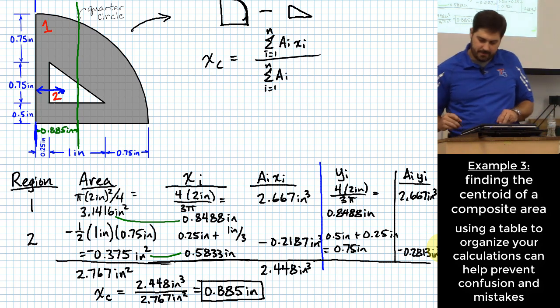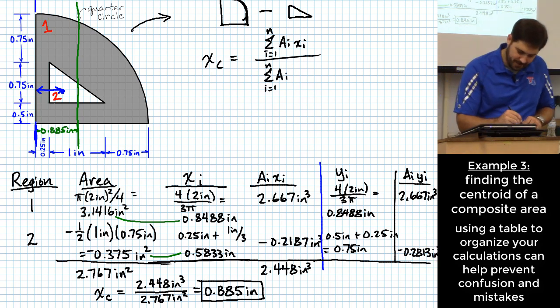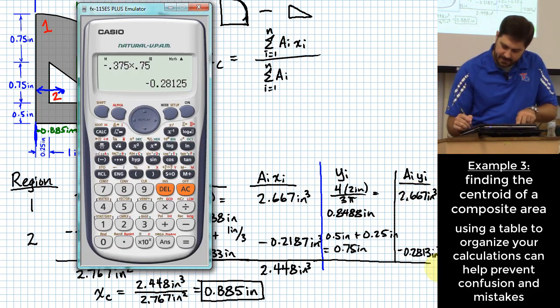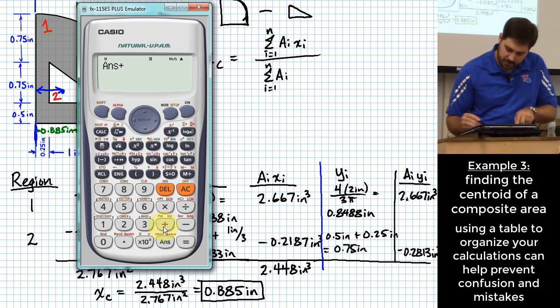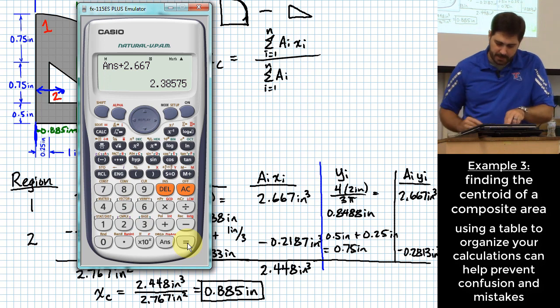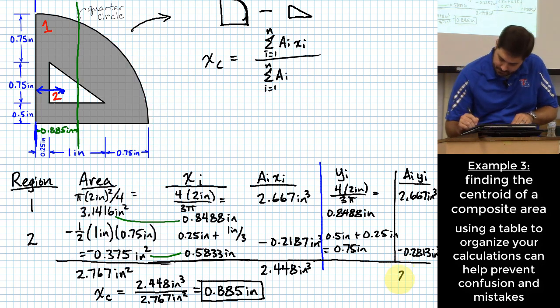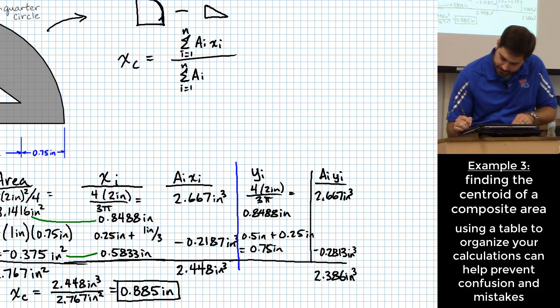Now what? We'll add what I just came up with to 2.667. This gives me 2.386 inches cubed.